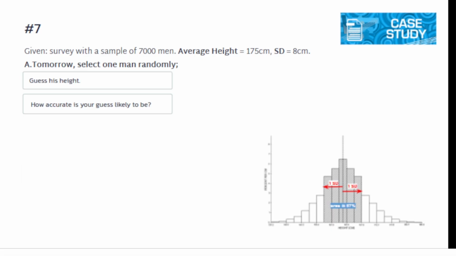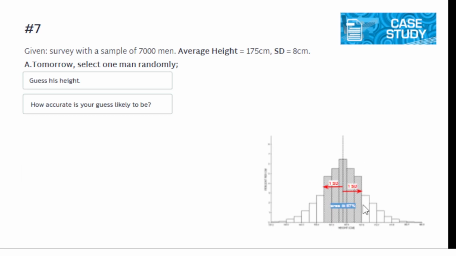Case study number 6. In a survey with a sample of 7,000 men, the average height of the men is known, and it is 175 centimeters. And the standard deviation is also known, it is given as 8 centimeters. So tomorrow you want to select one man randomly from this population.